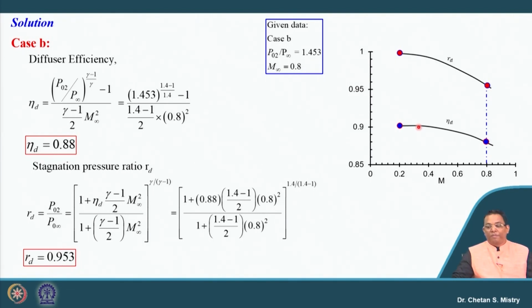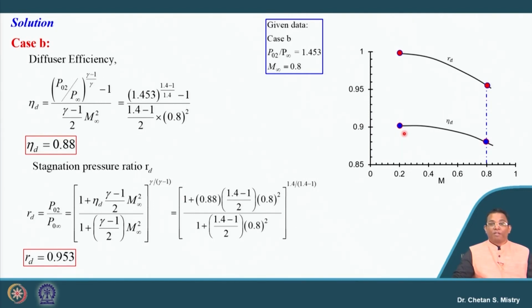At the same time, my stagnation pressure ratio also decreases, but be careful, if we look at the numbers, they are different. So, do not get confused about the information being given to us in terms of numerical, in terms of use of data.